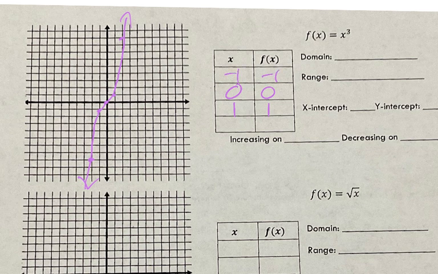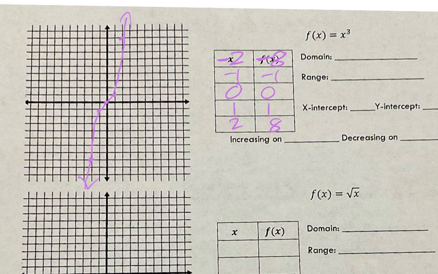Negative 1, negative 1. 2, 4 again? It's not 2, 4. It's 2, 8. And -2, -8.